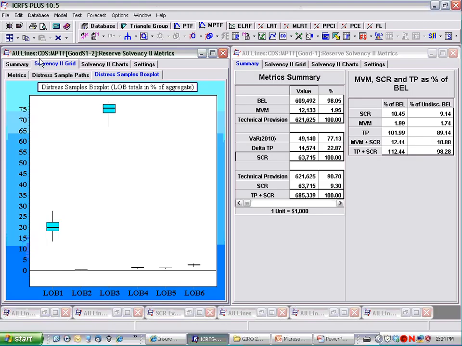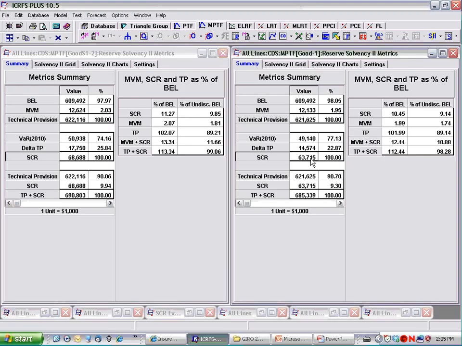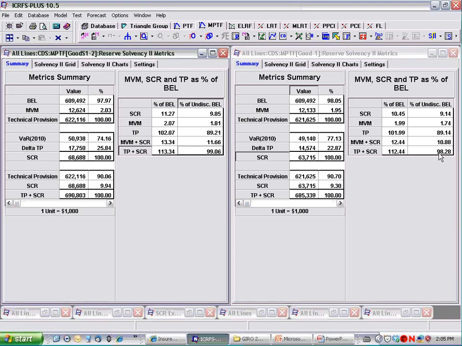And as a result of those two phenomena or conditions, you can see the risk capital 68.68 million versus 63.75 million. That's in aggregate, not really much more. The total capital as a percentage of the mean undiscounted BEL is 99% versus 98%.